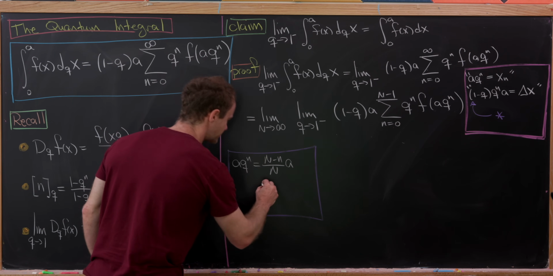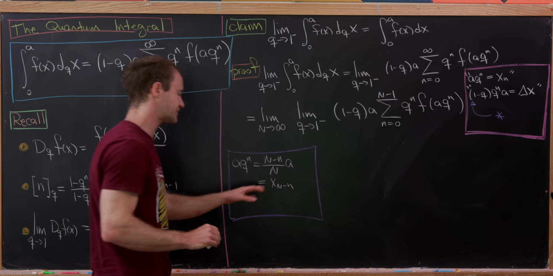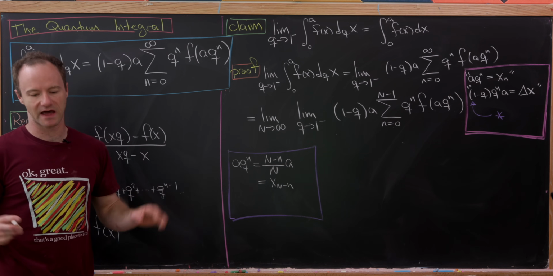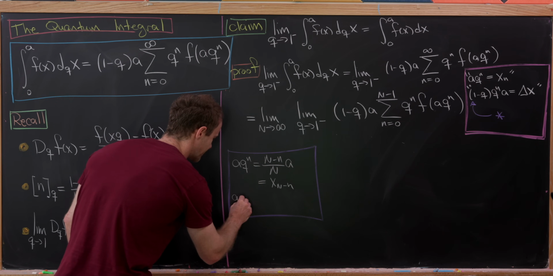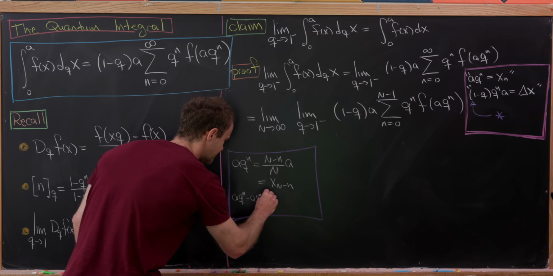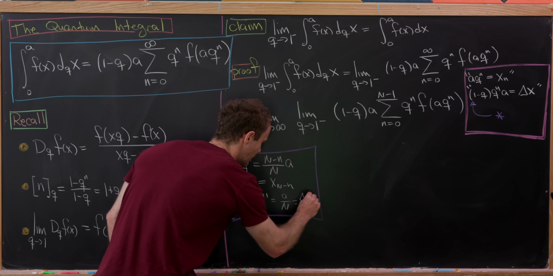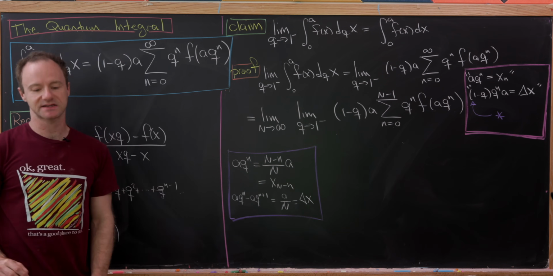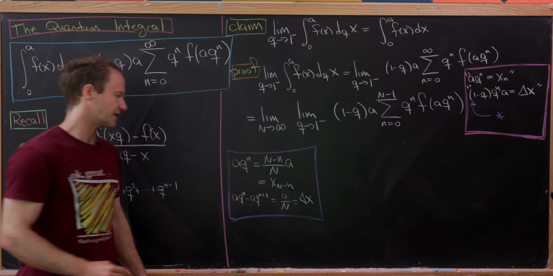So now I'm going to write this as x sub (N minus n). So that's when I said it's not exactly x sub n over there. And then furthermore, we can make the following calculation. a times q^n minus a times q^(n+1) will simplify to a over capital N, and we want to think of this as delta x. Okay, so now let's see how we can rewrite this.